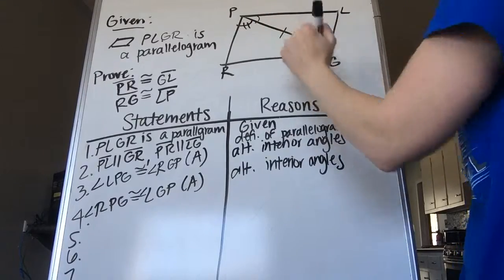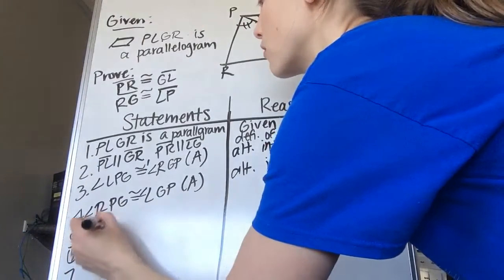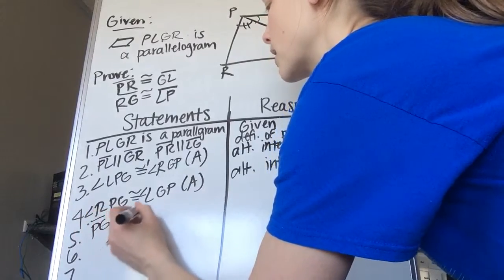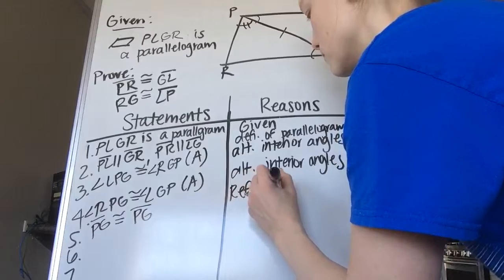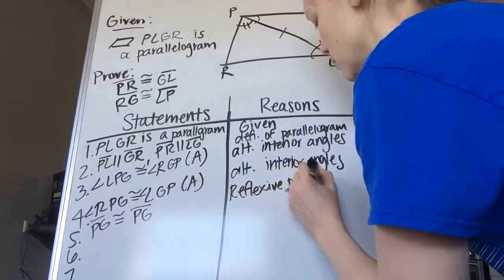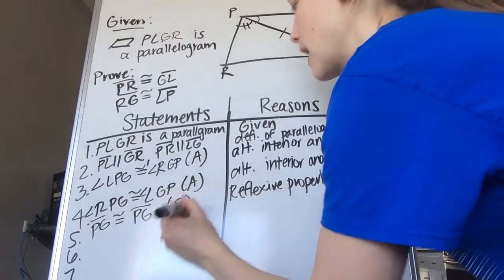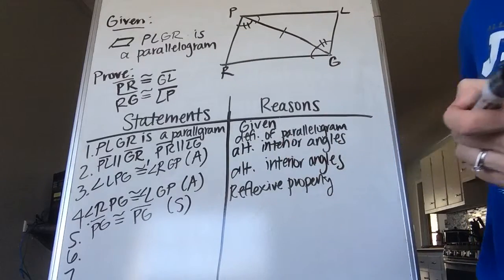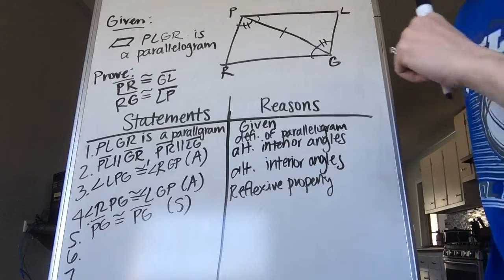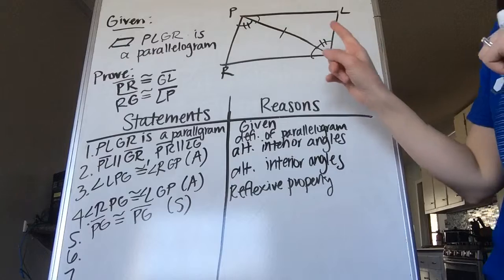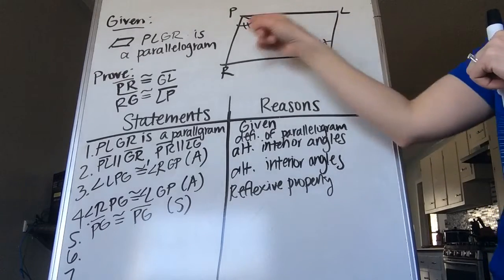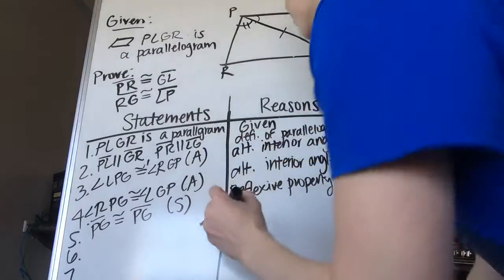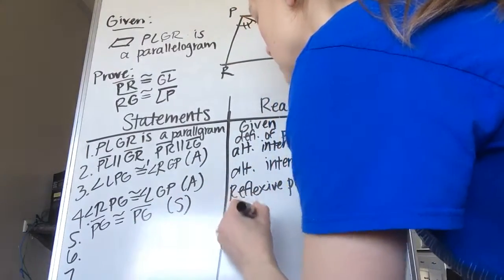And we can say that that is congruent to itself because of the reflexive property. So we've established an angle, side, angle.